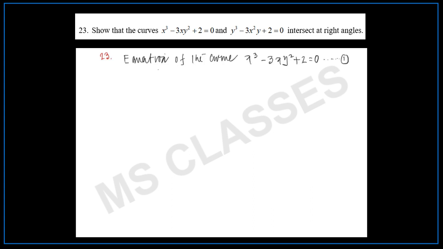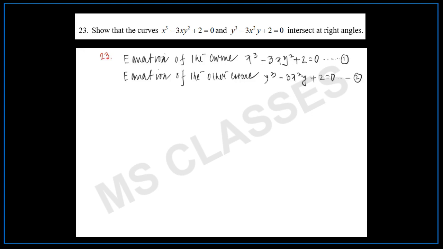We have another equation. So the equation of the other curve is y cube minus 3x square y plus 2 equal to 0.